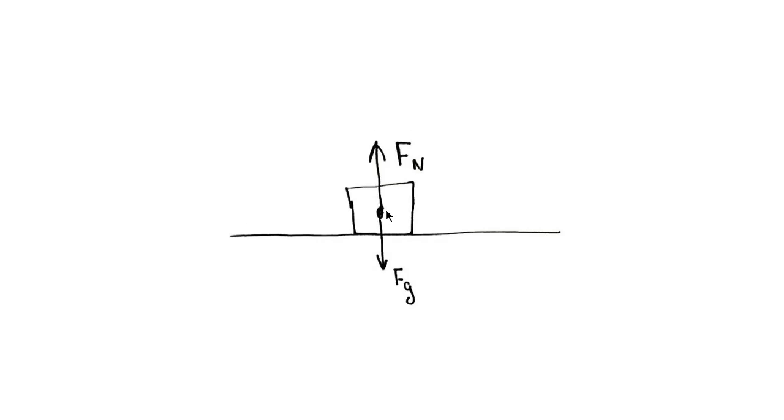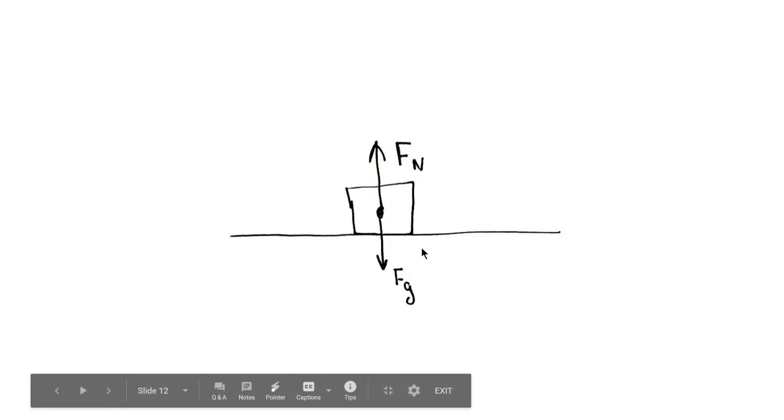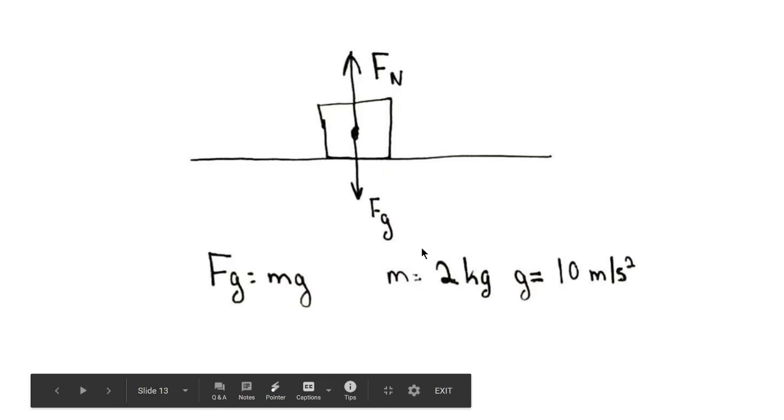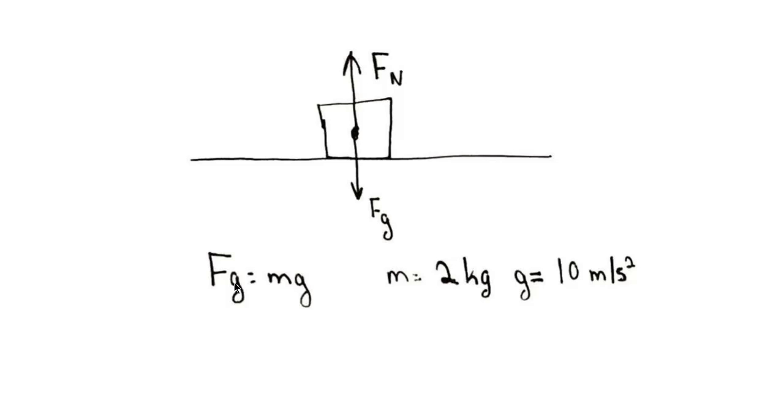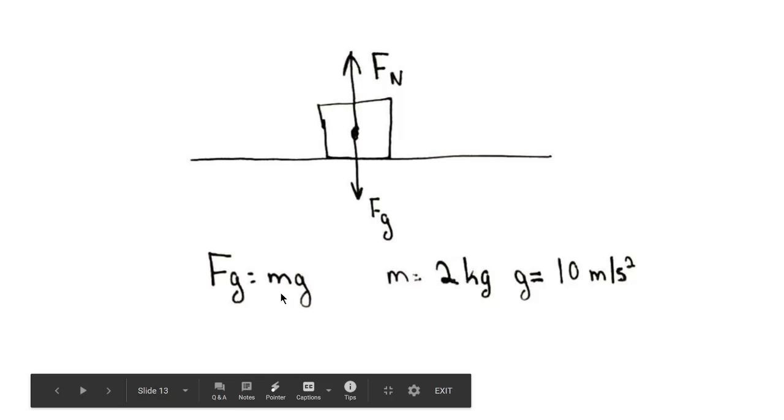So we have our book, we have our normal force going up, see how it's perpendicular to the surface, and we have our force of gravity going down. We know that the normal force is going to be the same magnitude, so we're going to solve for this gravitational force. We have the force of gravity equals our mass times gravity.